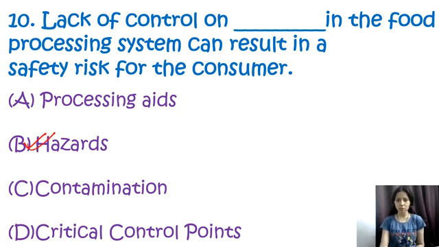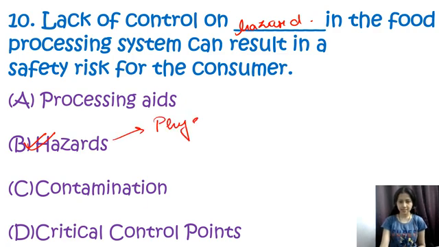So lack of control on hazards in a food processing system can result in a safety risk for the consumer. We know there are three types of hazards. These are basically the physical hazards, chemical hazards, and biological hazards.